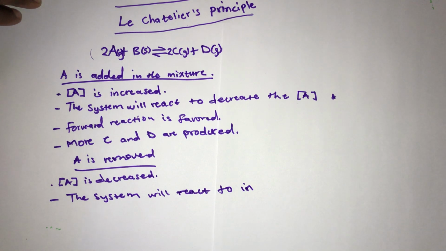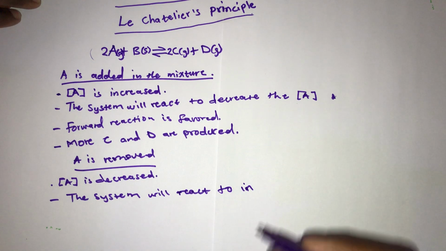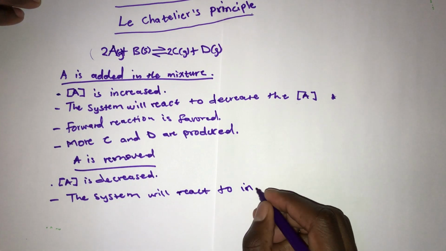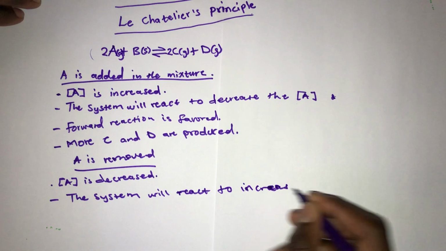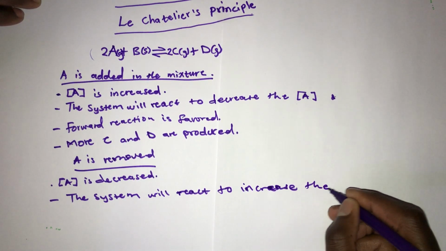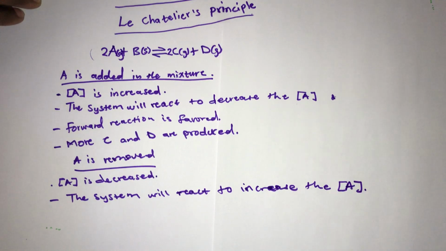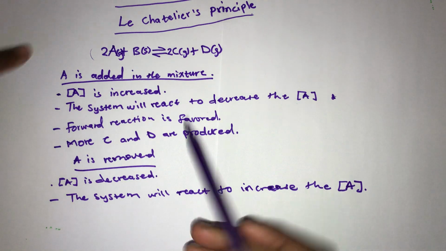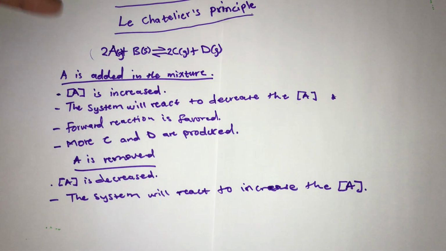We removed A, so the system should react to increase that concentration of A. Like I said, when you remove from this side, the system is going to favor the same side that you are removing from. Here we are removing A, so A is going to be favored. Check it, where is A? A is in the reactants, that is our reverse reaction.